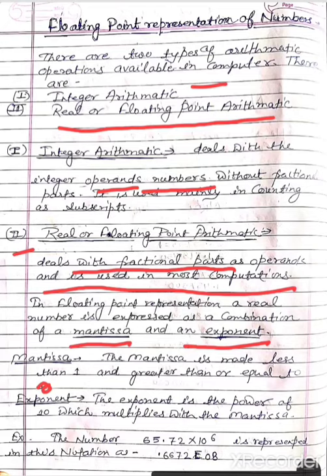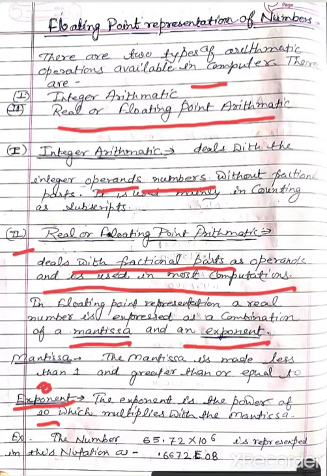This mantissa is the decimal number, and the exponent part is the power of 10 which multiplies with the mantissa.